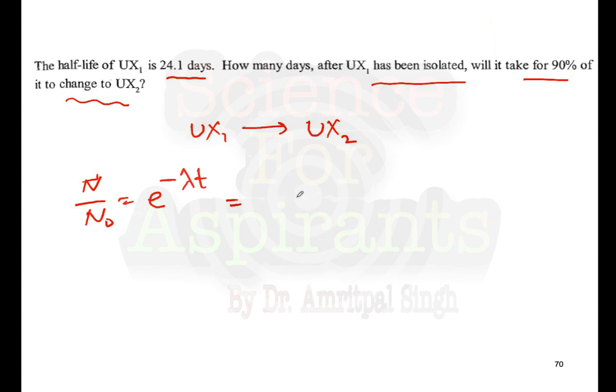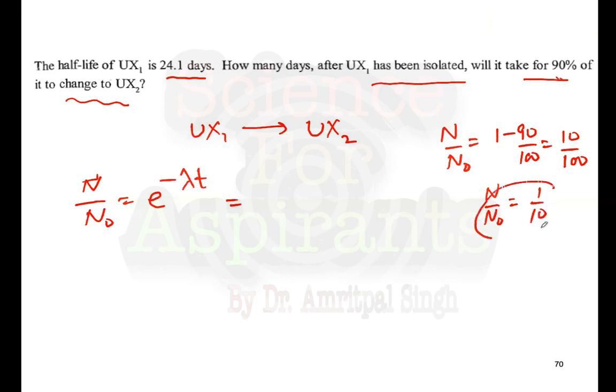Half-life is given, so we can find the value of lambda. Here 90% is disintegrated, so how much remains? It remains 1 minus 90 over 100, that is, N over N naught is 10 over 100, or the ratio N over N naught is 1 over 10.